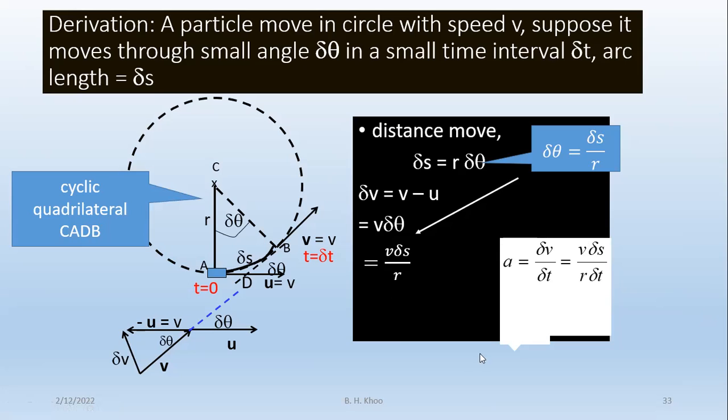Then we can simplify. Delta S over delta T is your V, that's V equals delta S over delta T. Replace that, and we get our V squared over R.